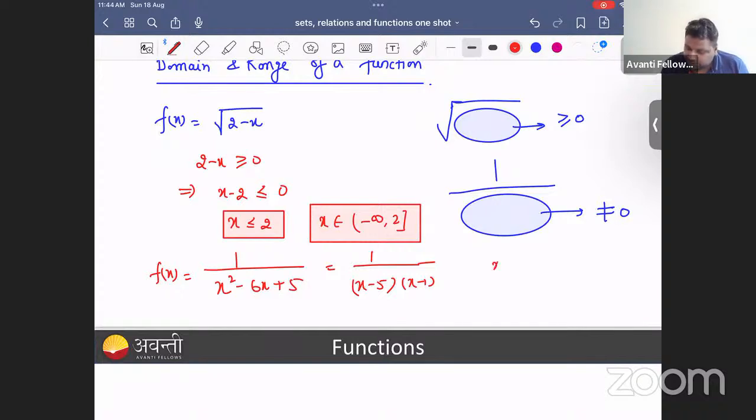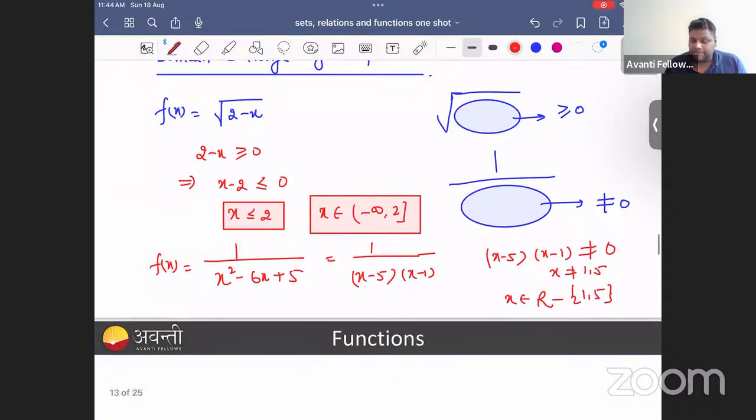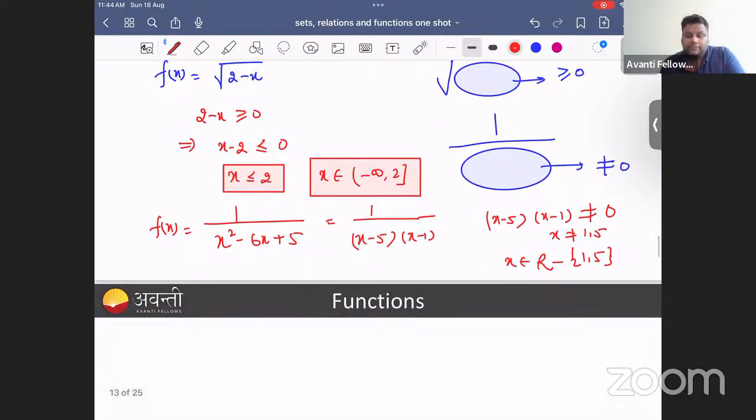So (x minus 5)(x minus 1) should not be 0. So x should not be equal to 1, 5. So domain is x belongs to R minus {1, 5}. Am I clear?